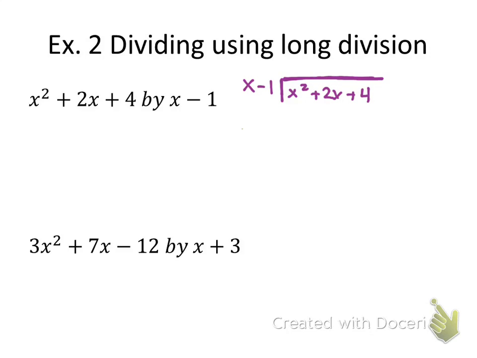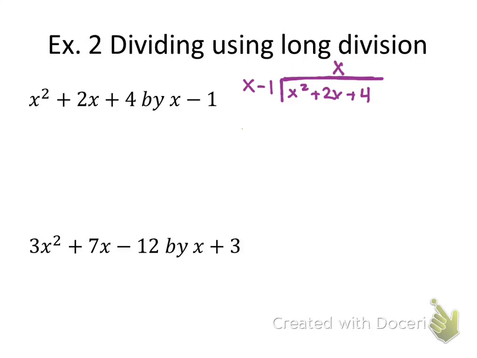All you got to do is you got to ask yourself, what do I need to do to x to make it x squared? Multiply it by x. Now, this is where you got to be careful. Whenever I say, okay, all I need to do is multiply by x, that x that you write has to go over its like term. I cannot put x over x squared because they're not like terms.